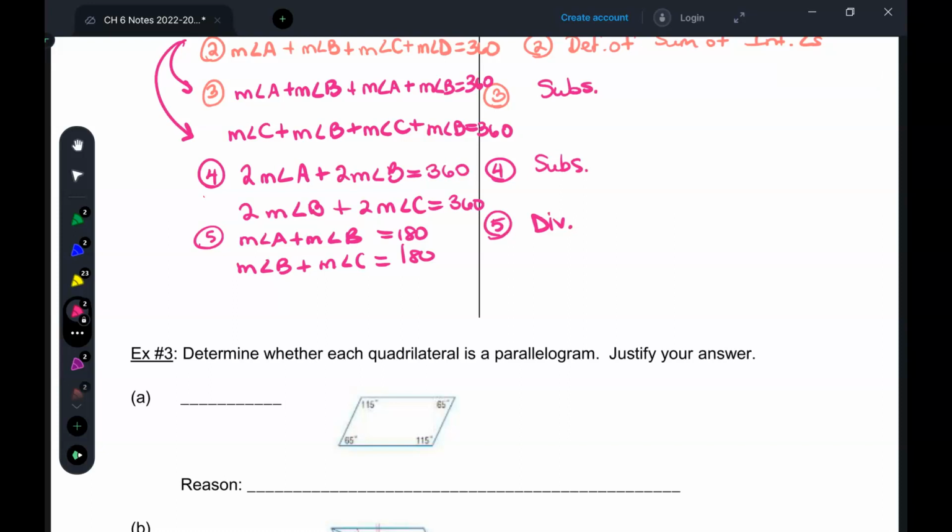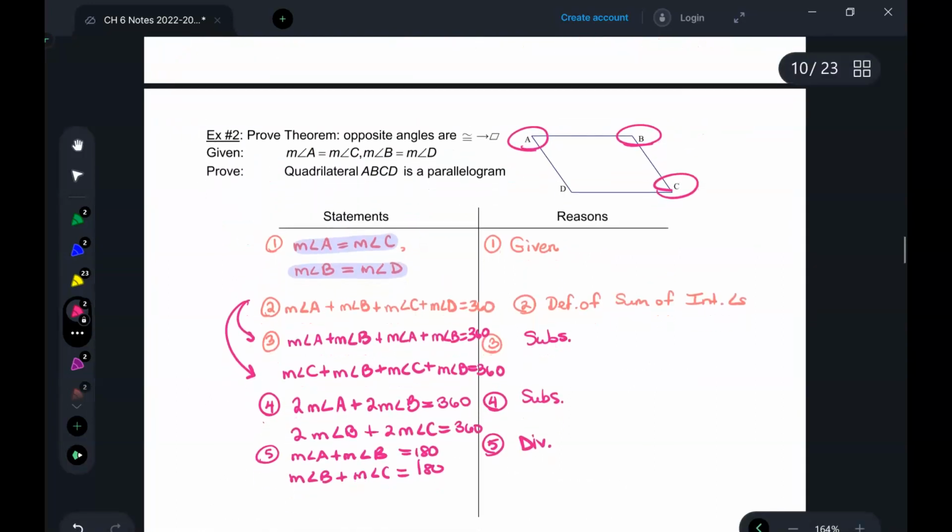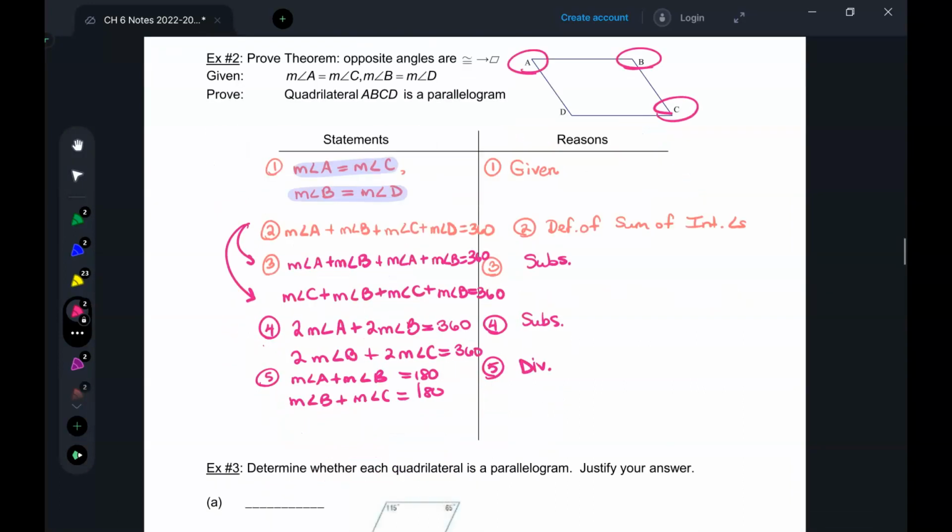Did we get 2 pairs of consecutive interior angles to be supplementary? We definitely did. So that tells us, what do we know about the lines? They have to be parallel.